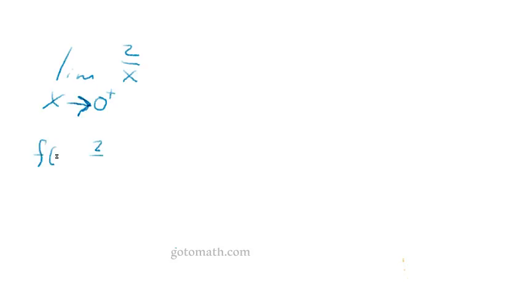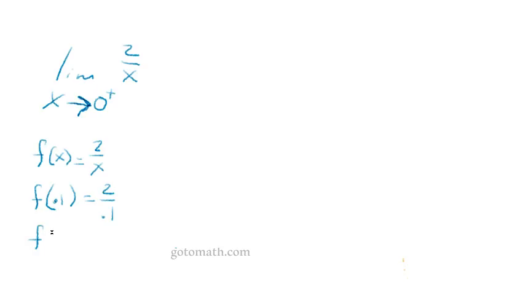We could say f of x is equal to 2 over x, and since we're coming in from the right at 0, let's just plug in 0.1 and get that number. Well, that's 1 over 10, and 10 times 2 is 20.